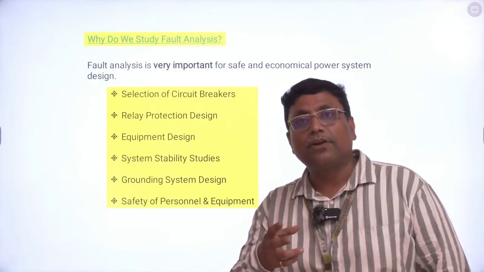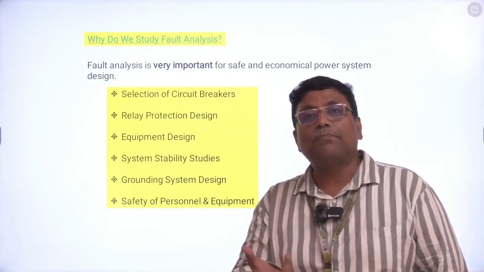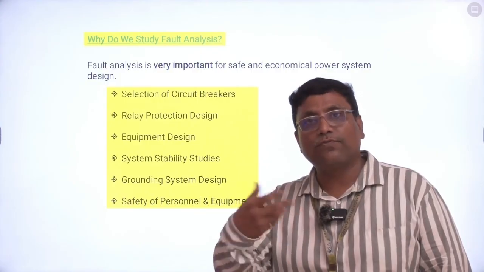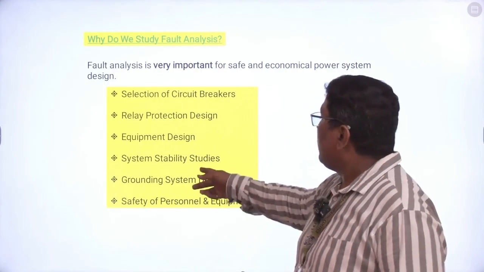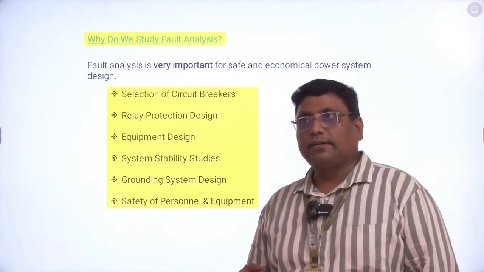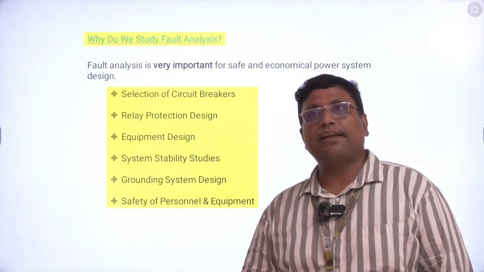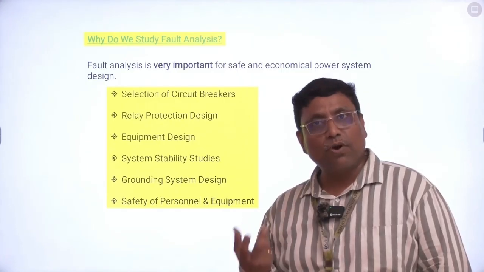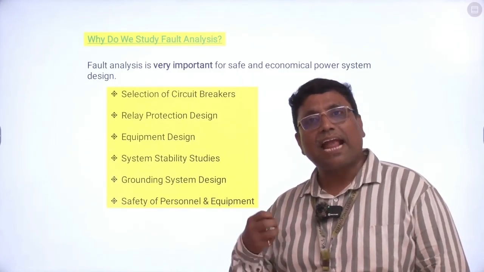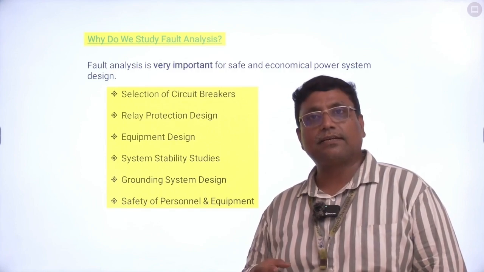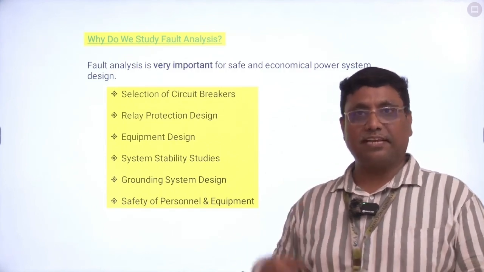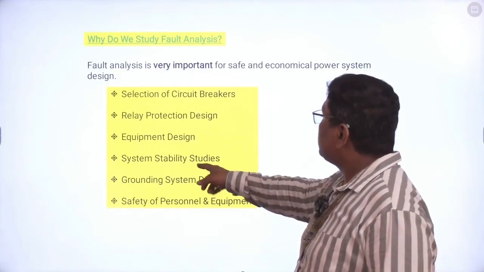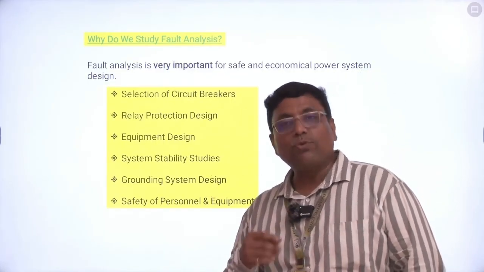That varies depending upon the nature and type of current. Clear? And equipment design: the thermal rating of the conductor, busbar rating, and mechanical strength of the conductor also vary depending upon the fault type.